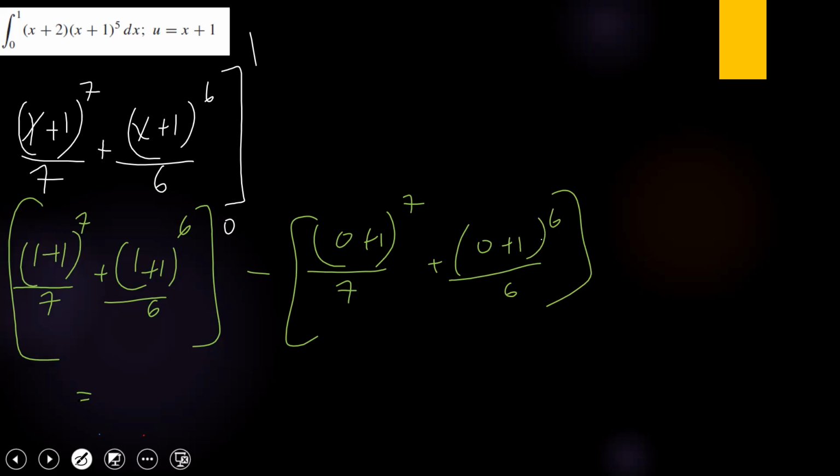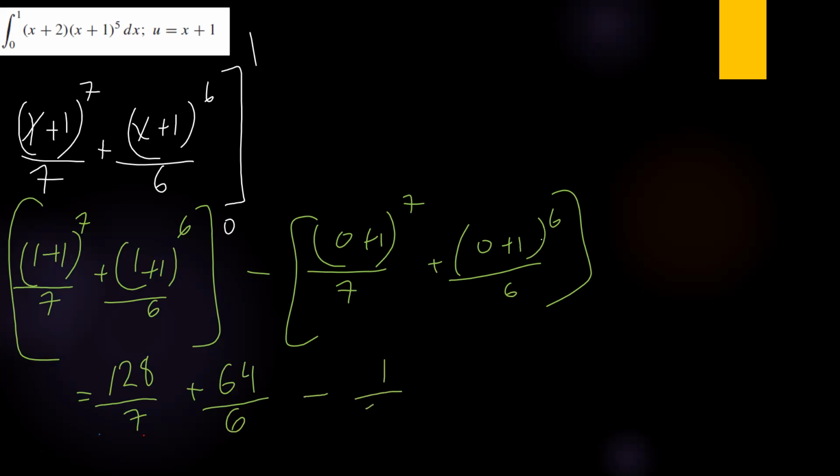Then 1 plus 1 is 2, to the power 7 is 128, over 7, plus 2 to the power 6, which is 64, minus 1 over 7 minus 1 over 6.